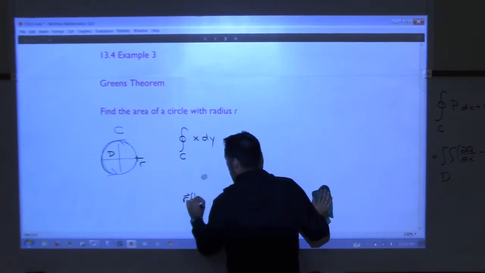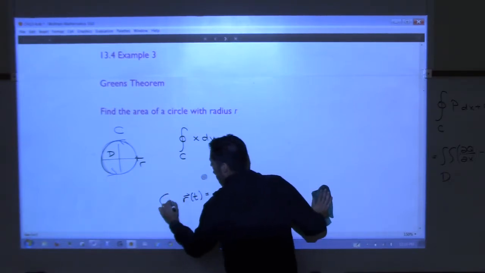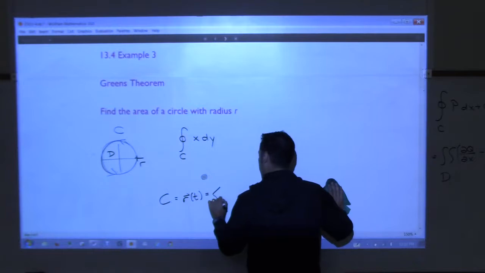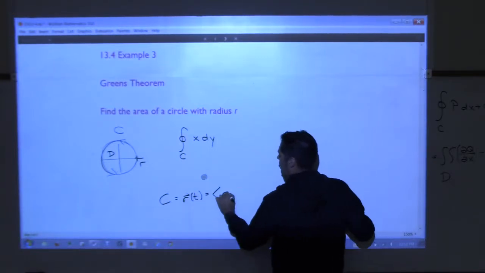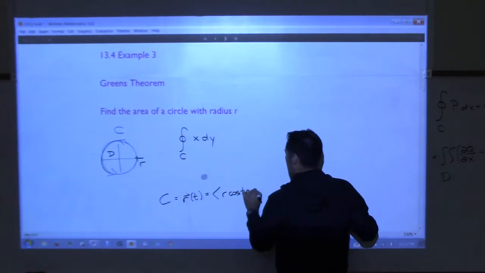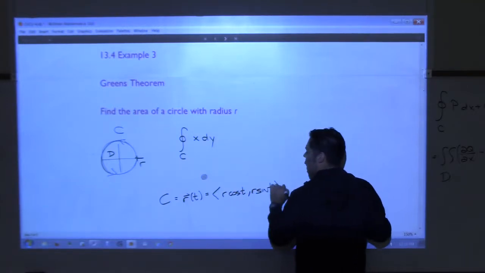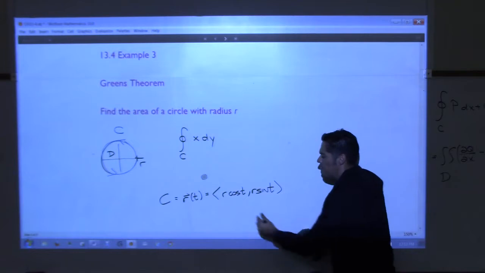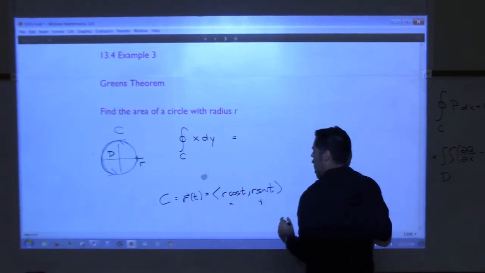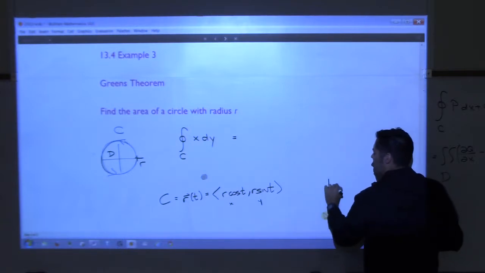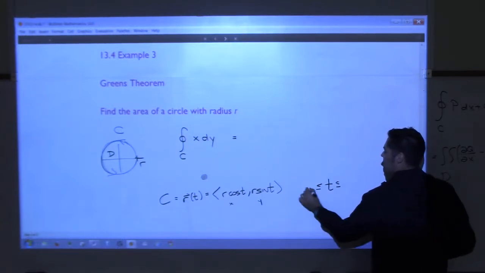Okay, so C is equal to R of t, which is the vector. We've done this. Oh, wait, it's not cosine, it's R cosine t and R sine t, because it's an arbitrary radius. Okay, so this is your x and this is your y. So let's just plug that in here. What were our limits on t if we're going to draw that curve? Sorry, I didn't put that here. 0 to pi.